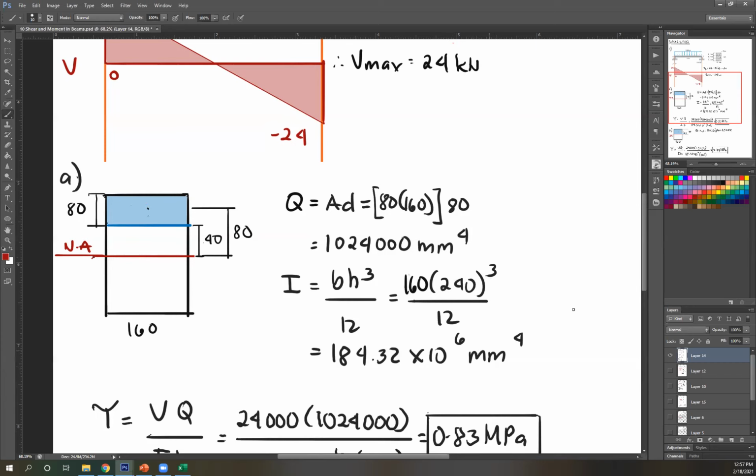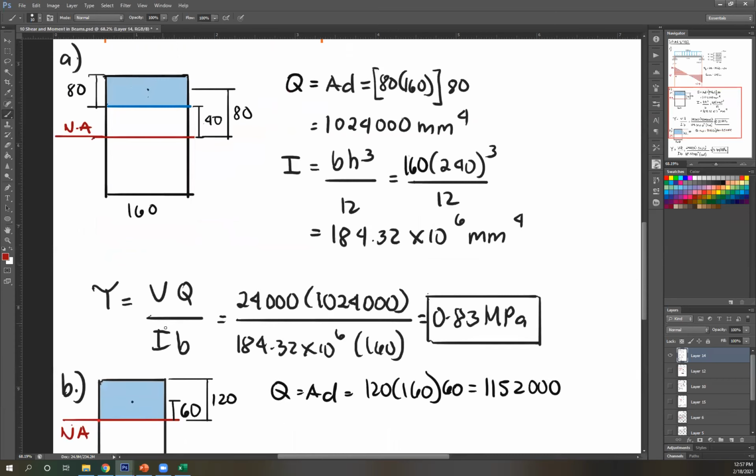Computing for I, you get this. Subbing all of that into VQ over IB: V is 24,000, Q is this, I is this, and B is the width of your fiber in question. My fiber in question is this, and the width of that is 160. Computing for that, you get 0.83 MPa.